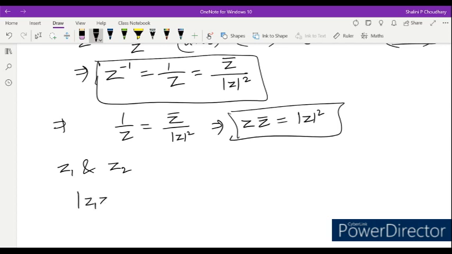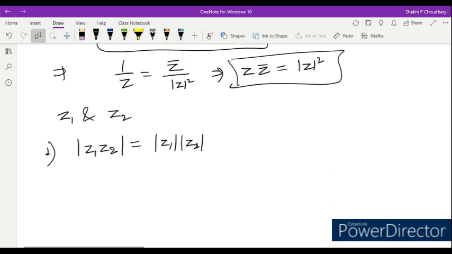Modulus of z1 into z2 will be equal to modulus of z1 into modulus of z2. This is the first thing that we can see. And second, similarly, modulus of z1 upon z2 will be equal to modulus of z1 divided by modulus of z2.